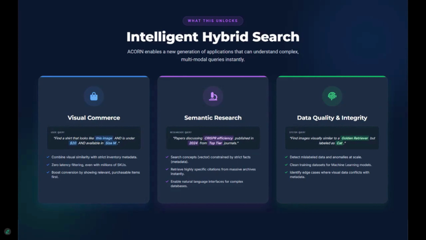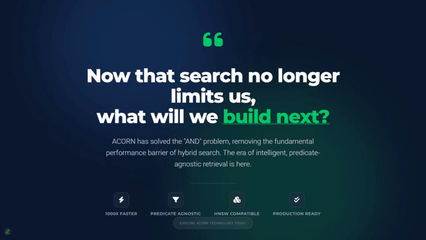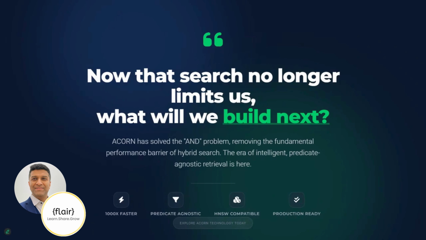ACORN unlocks an entire generation of intelligent applications that understand hybrid queries the way we think. By solving the AND problem so elegantly, ACORN removes a fundamental performance barrier that has been holding hybrid search back for years. It makes these advanced searches not just feasible, but incredibly fast.